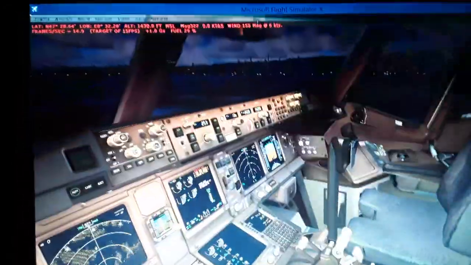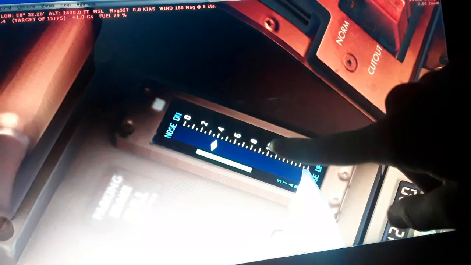We can use this also, the trim tab, the normal and the alternate. So we also have the auto trim function. The auto trim is from the autopilot and the auto throttle. So you see the horizontal trim position over here in degrees, where the horizontal tail of the aircraft moves up or down, and so this helps the aircraft balance in flight.